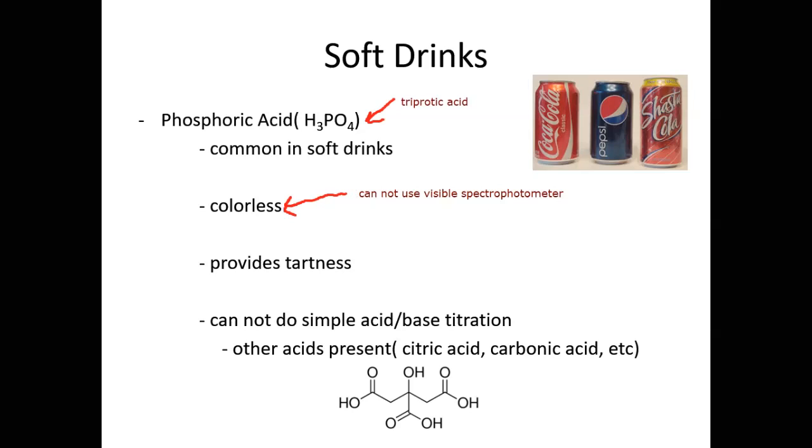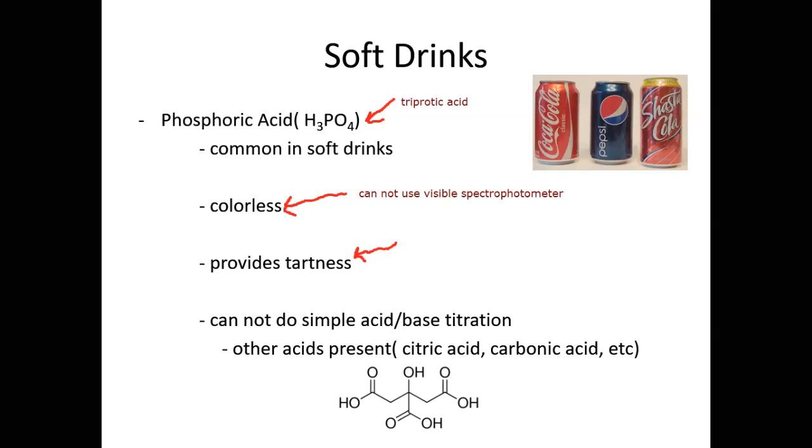One of the reasons that phosphoric acid is added to soft drinks is to give it some tartness. And you may say, well, phosphoric acid is an acid, and we just got done doing acid-base titration in experiment 8.